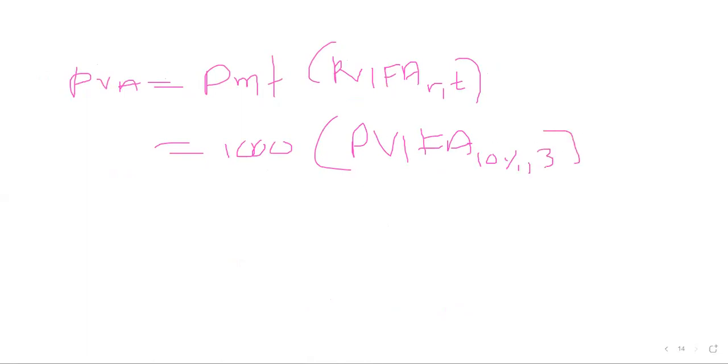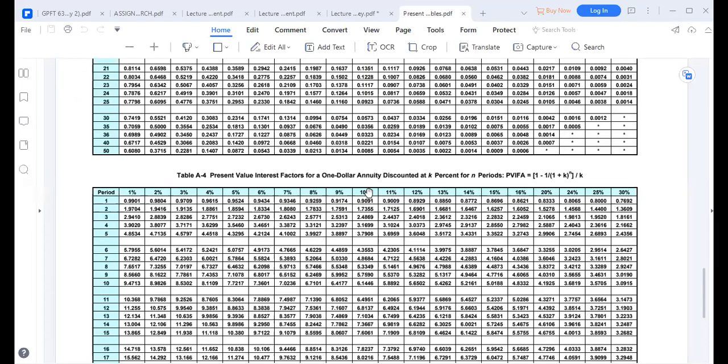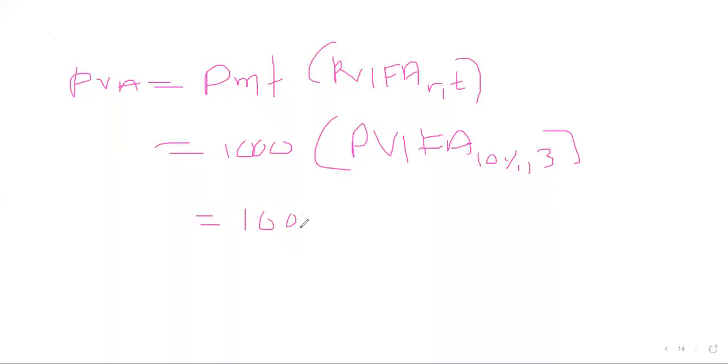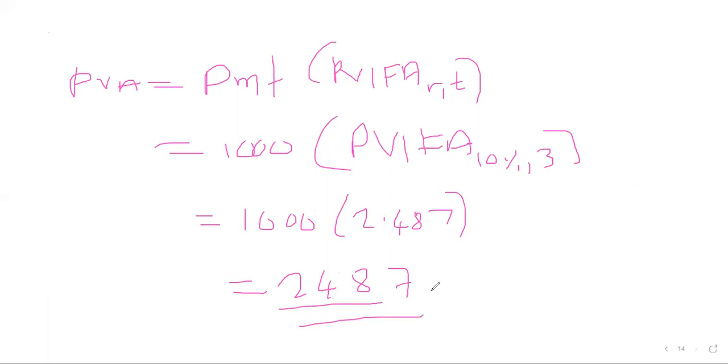I taught you how to read the tables. So we go to the present value annuity, 10% under 3. We have 2.486, or 2.487 like I was saying, due to rounding off. So 2.486 or 7 is simply the same answer that we're getting here. So this becomes our present value annuity.